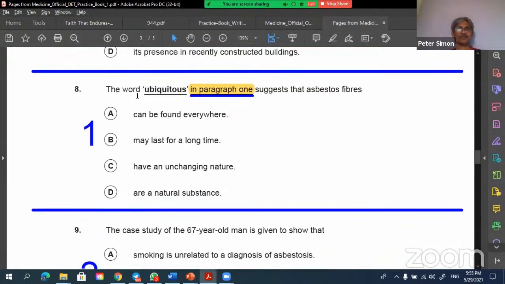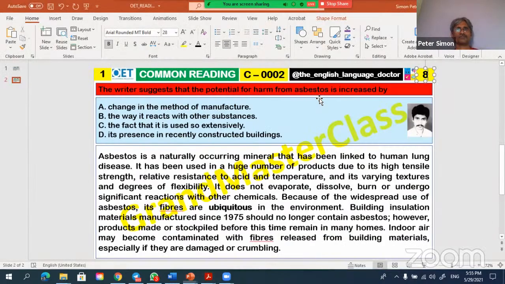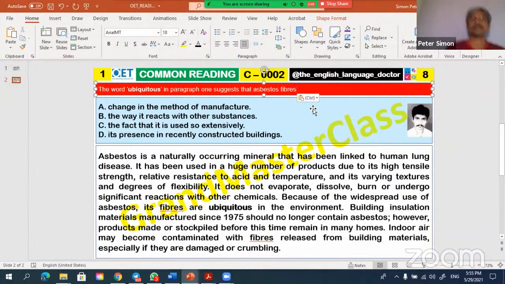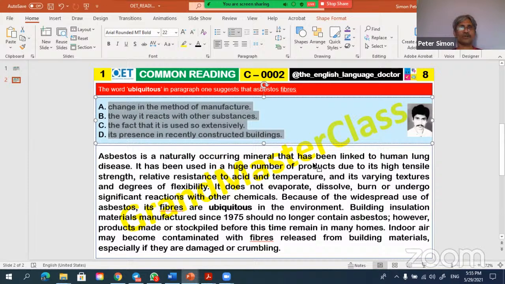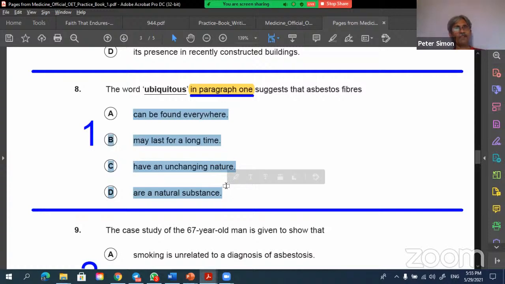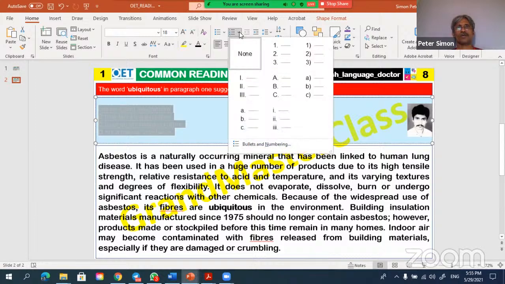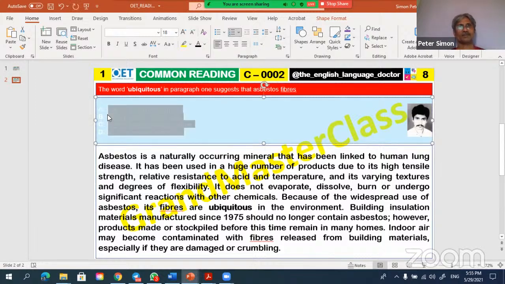So now the word ubiquitous in paragraph 1 suggests that. Copy. What do you mean by the word ubiquitous? Now you got the answer already. You learned the answer. Okay, fine. So ubiquitous, same paragraph, so no need to change. Control C, Control V. Okay, A, B, C, D. So this one and this one.